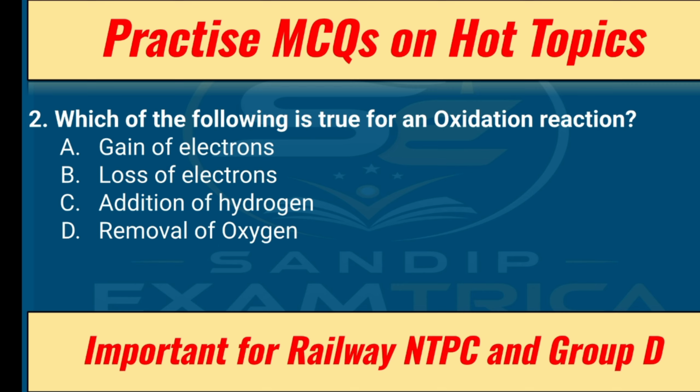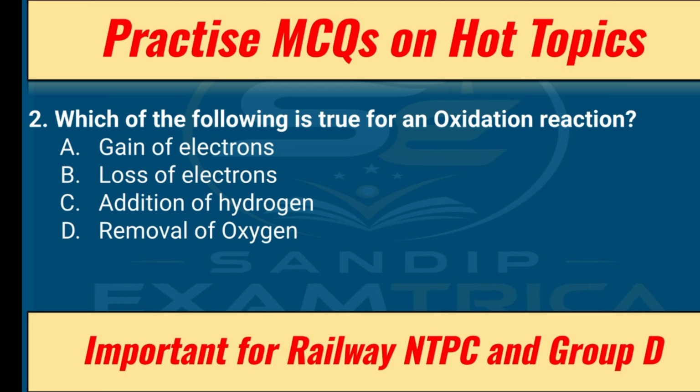Next question. Which of the following is true for an oxidation reaction? What is an oxidation reaction? Oxidation reaction is a reaction where oxygen is added, or we can say removal of hydrogen, or we can say loss of electrons.